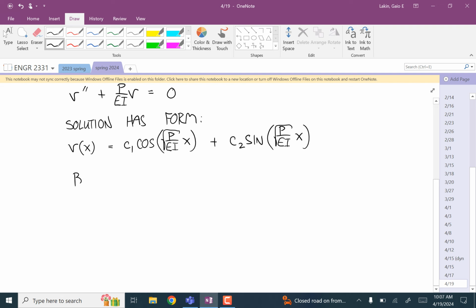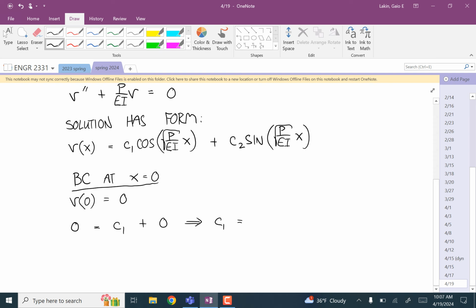And then we used a boundary condition at X equals 0. Because it's pinned at the bottom, the deflection is 0 at X equals 0. That's the bottom. And so that says that 0 is equal to C1 plus 0.